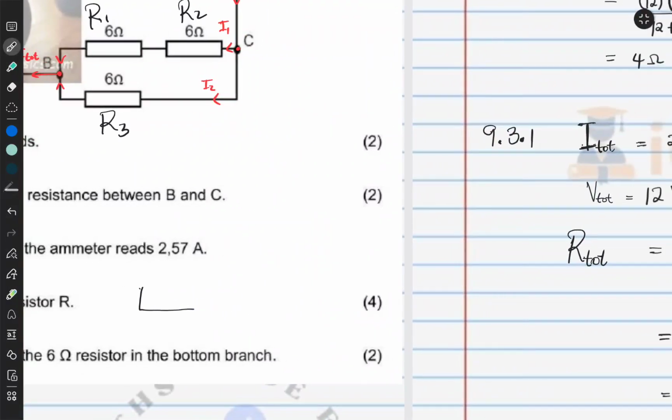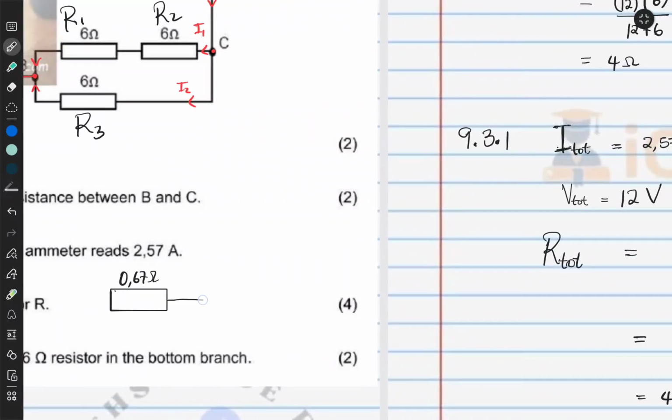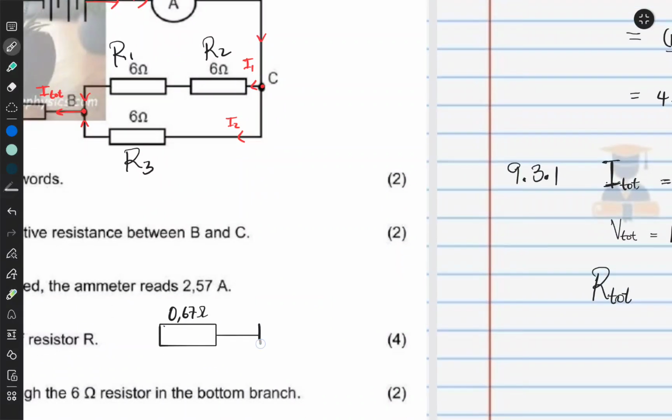Let me just draw it here. We have a 0.67, which is a resistor R. And if we combine this parallel combination, we said we will get 4 ohms, right?